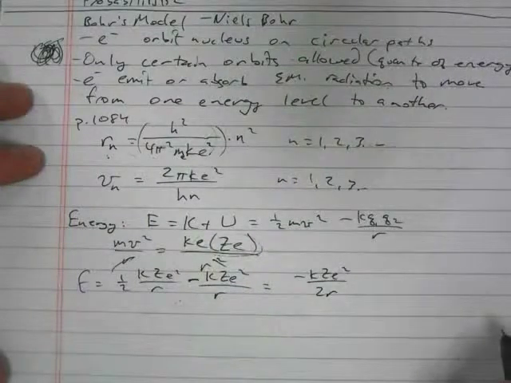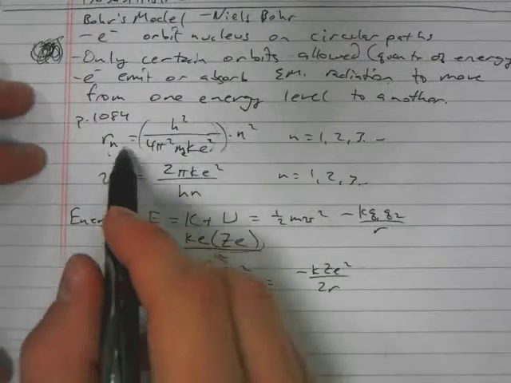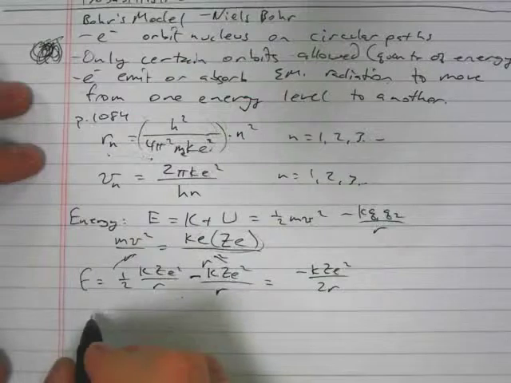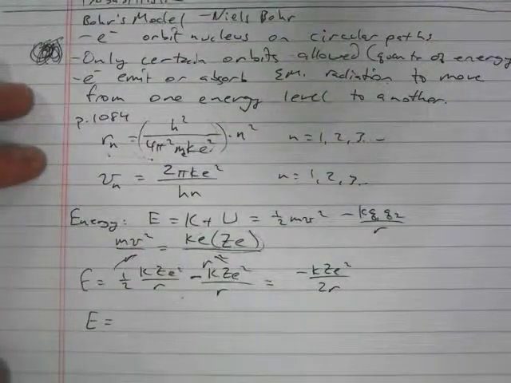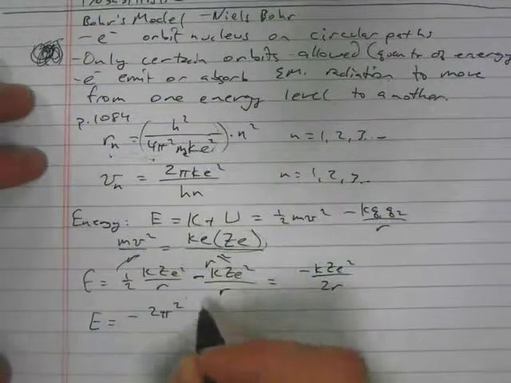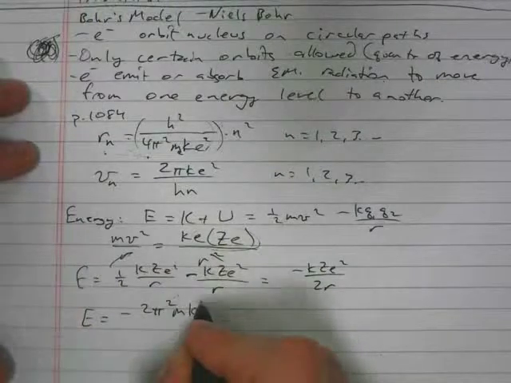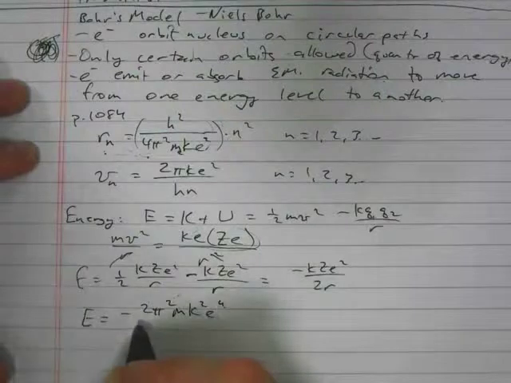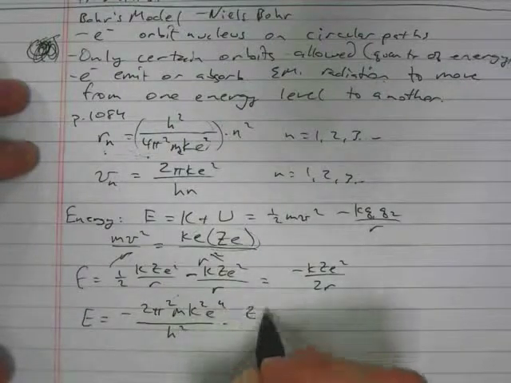And if we plug in our expression for r sub n here, we get that the energy at a given radius is minus 2 pi squared m k squared e to the fourth over h squared times Z squared over n squared.